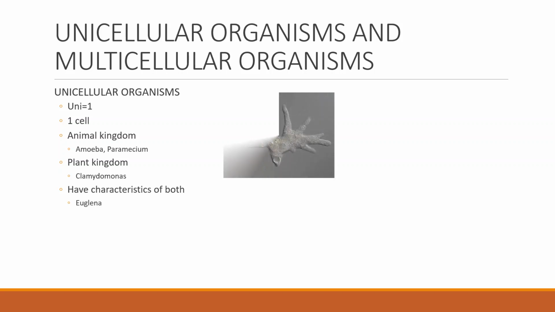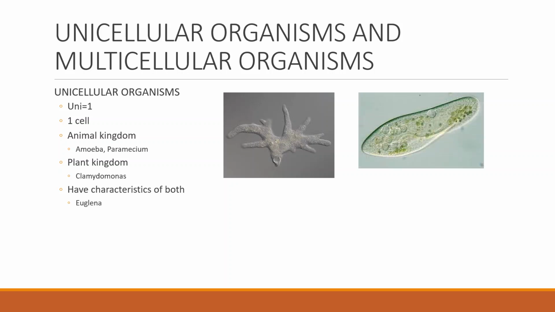So you can see over here, this picture is a picture of amoeba. This picture here is actually the paramecium. And this picture over here is the chlamydomonas. You can recognize this by its rather smiley shape, as you can see, two eyes over here, the nose and the mouth, a smiley microorganism.